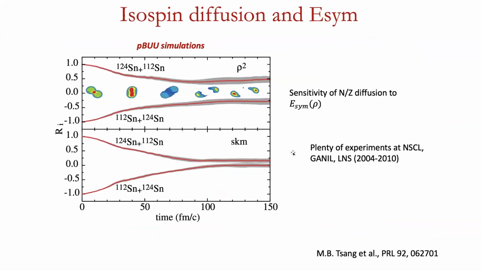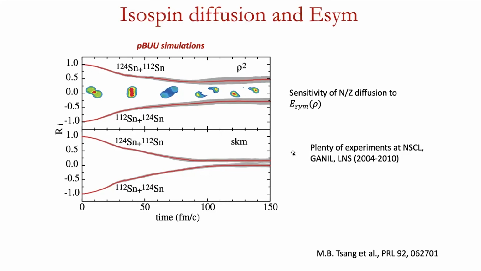And so you see here, for example, that you have tin-124 on tin-112, so different n over z's between projectile and target. And you use two different types of density dependence of the symmetry energy. What you observe is that, as a function of time, the system will exchange the n over z. I'm not going to explain now what Ri is. I will tell it a little bit later.